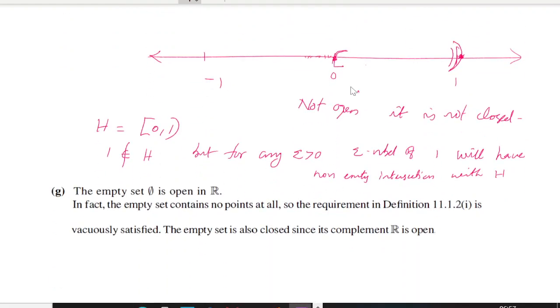But we are getting non-empty intersection. So this is not going to be a closed set also. It is not open, not closed.